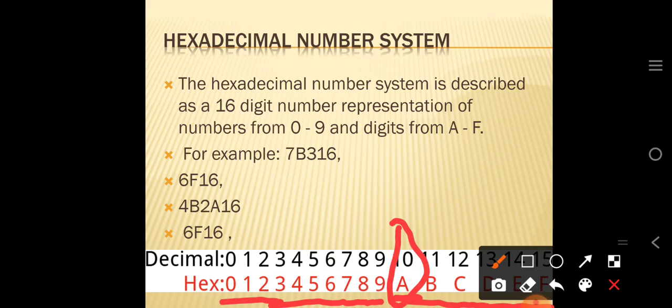We count it as 10. When we write B, we count it as 11. That we will see while converting into another number system.